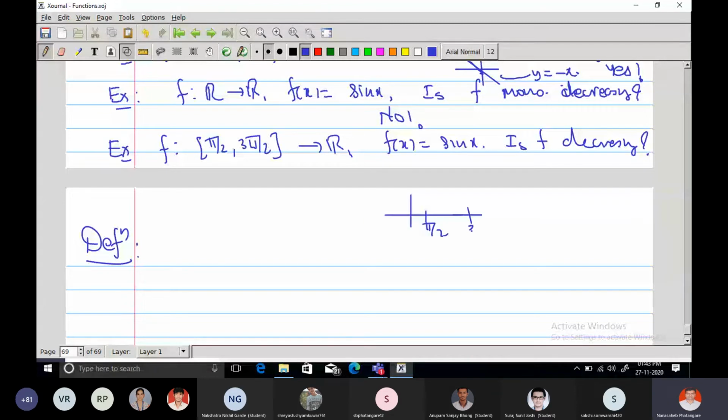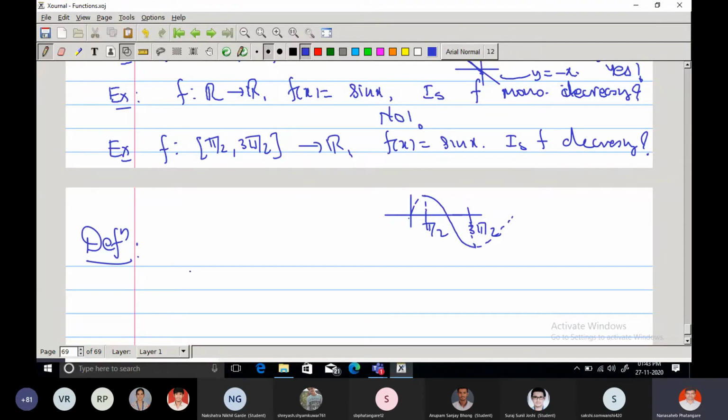In this range the graph is like this, right? Here it is like this. After that it is going up, but we are interested only in minus pi by 2 to 3 pi by 2. That is the only point of interest. So in this case, it is decreasing. That is clear.